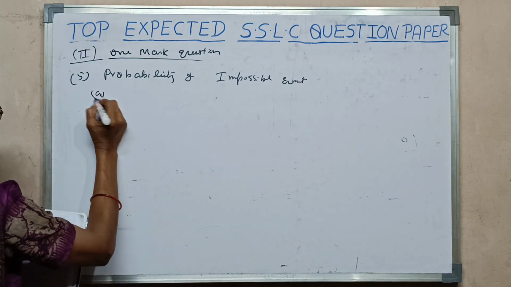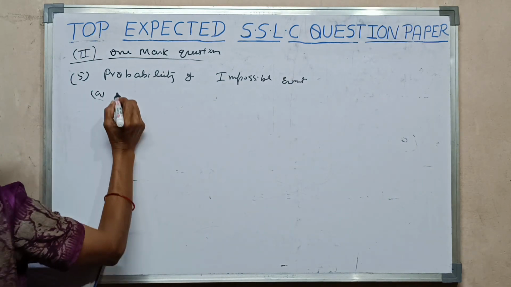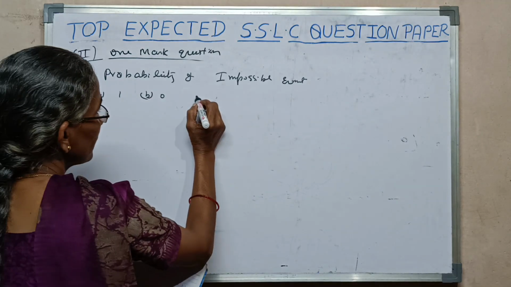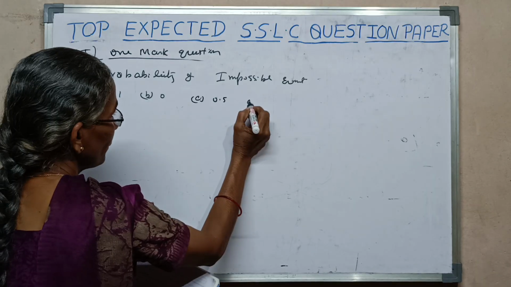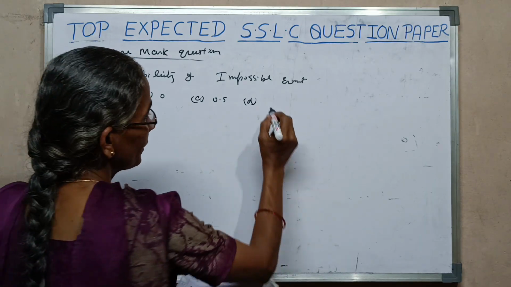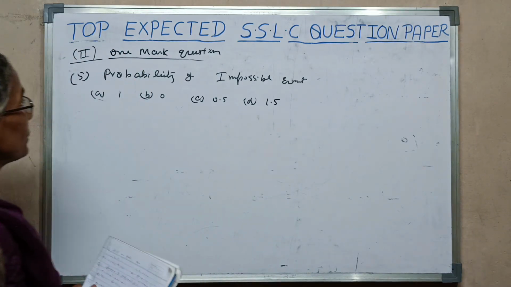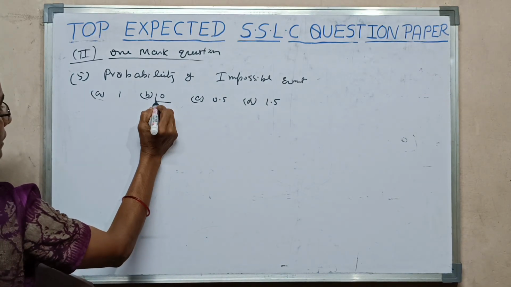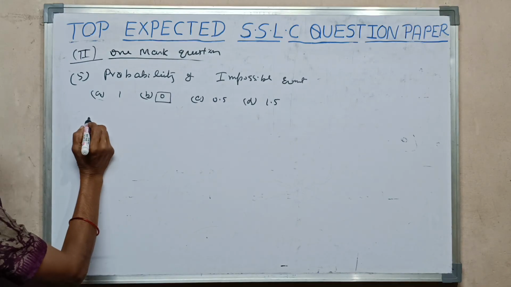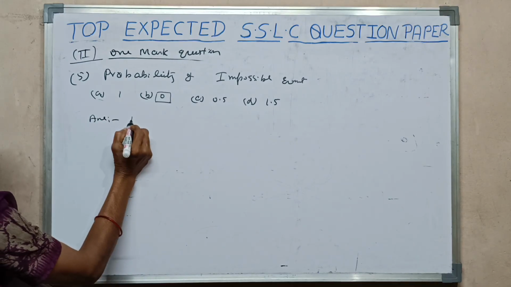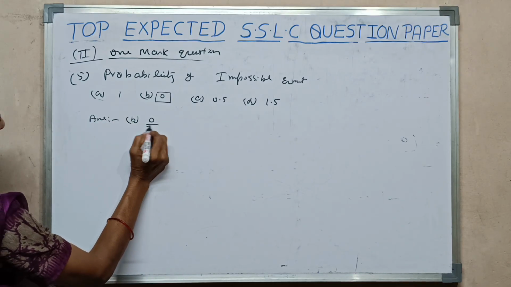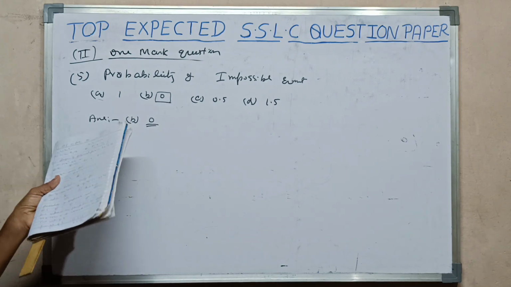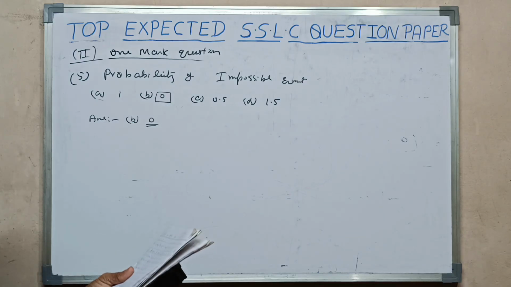Option A is 1, B is 0, C is 0.5 and D is 1.5. So the probability of an impossible event is 0. Second is the answer, B, which is 0. Probability of a sure event is 1 and probability of an impossible event is 0.